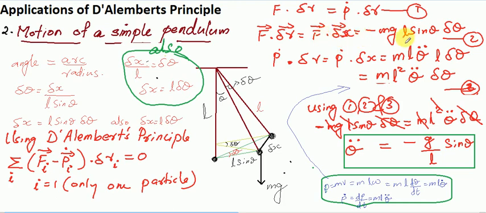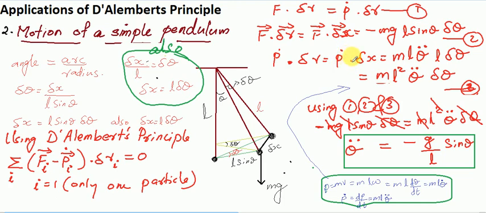What is F? It is mg. What is delta x? It is L sin theta d theta. And the negative sign, because here force and virtual displacement are in opposite directions. Okay? And in a similar way, P dot dot delta R equal to P dot dot delta x, that is equal to m L theta double dot, L d theta.